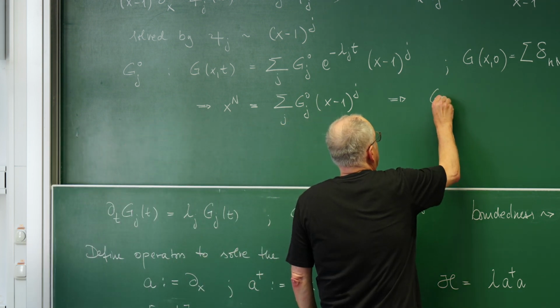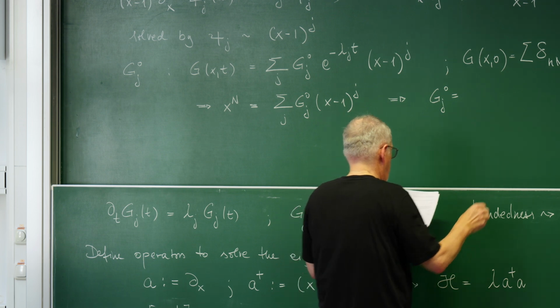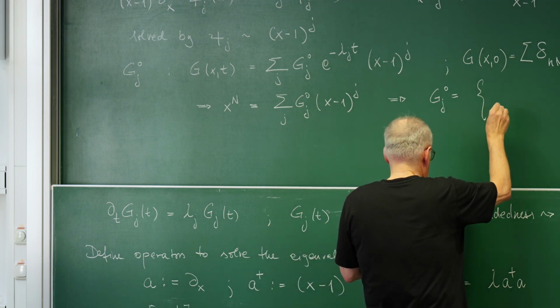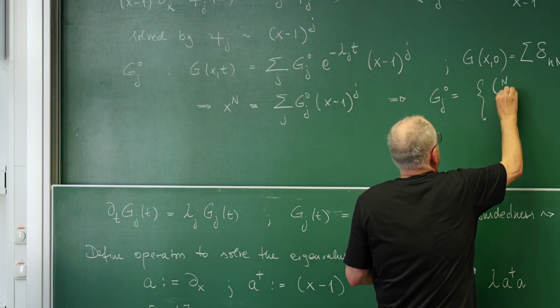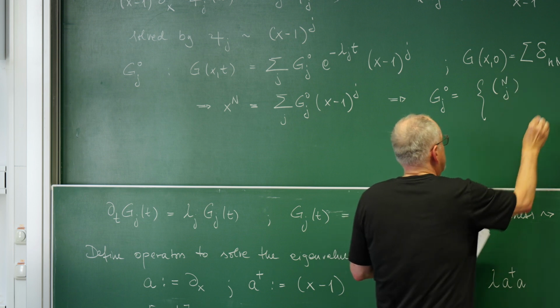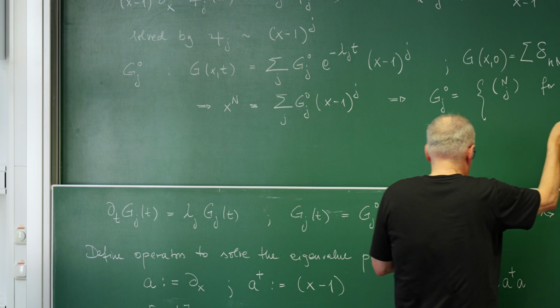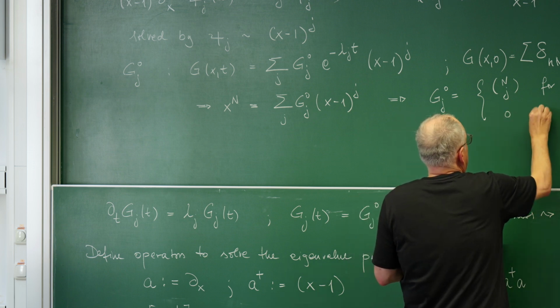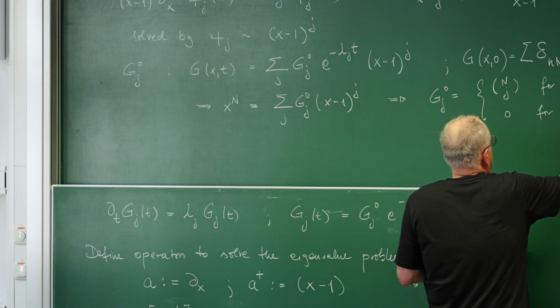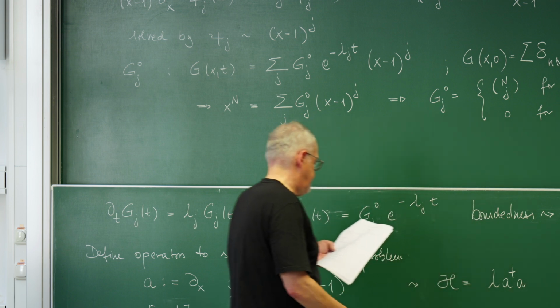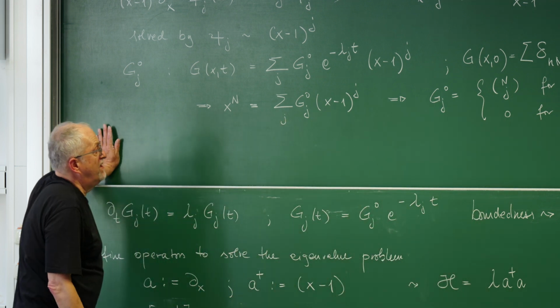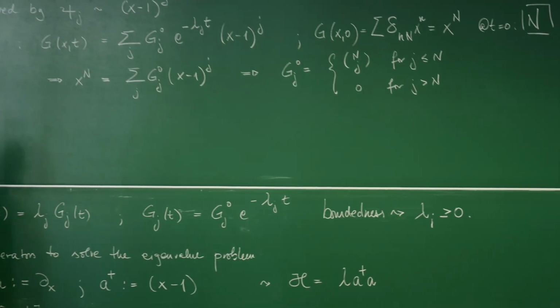So from here you can read off that the initial values for j given N are the binomial coefficients for j less than or equal to N, and 0 for j larger than N. That's a bit of a tricky part here in the analysis.